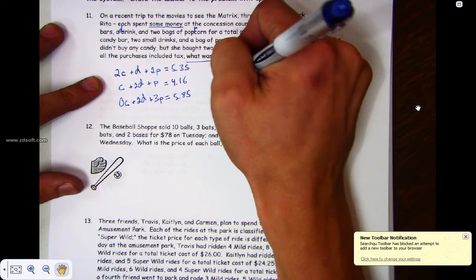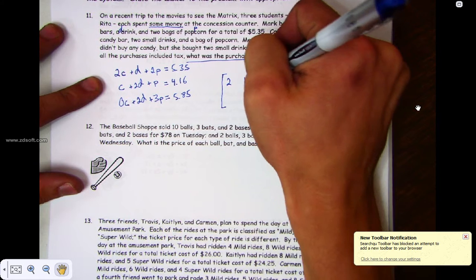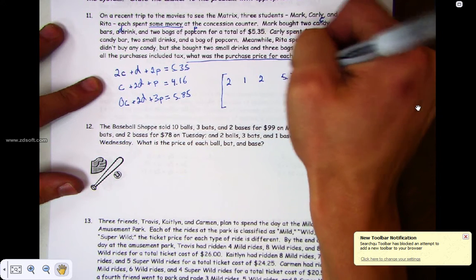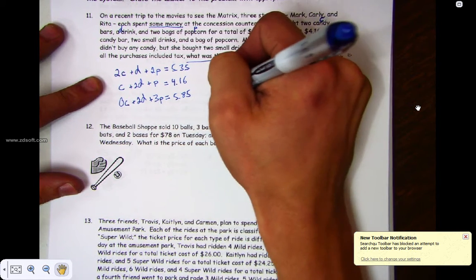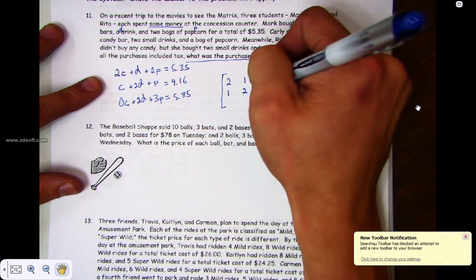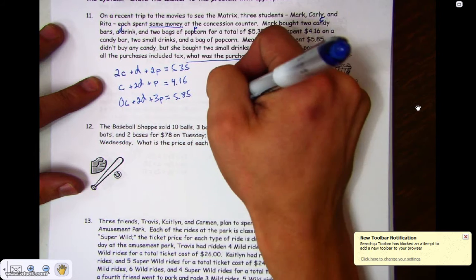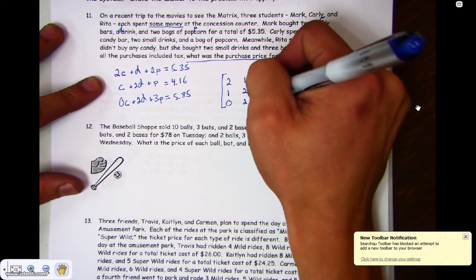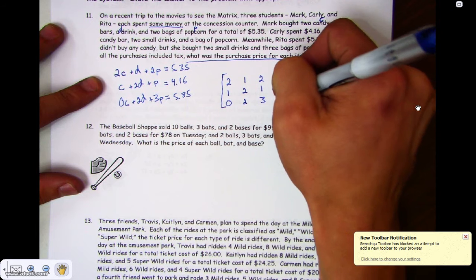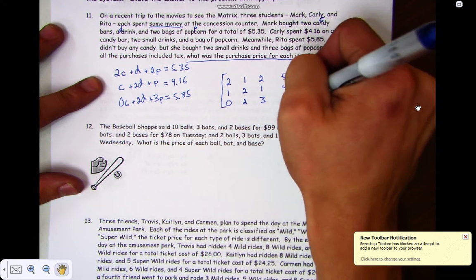We got 2, 1, 2, 5.35. We have 1, 2, 1, 4.16. We have 0, 2, 3, 5.85.